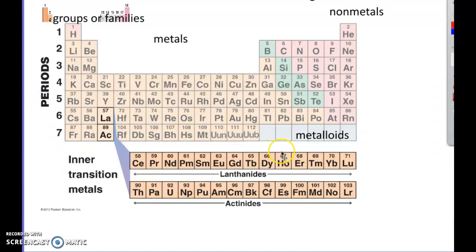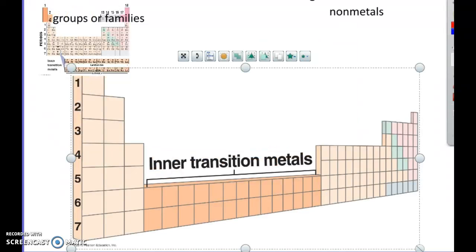All right, so notice, to be more properly, correctly drawn, this is what the periodic table would look like. These 2 rows down here at the bottom that we normally see up here would actually be inserted right here in the 6th and 7th period, and it would make it much longer. Why do they not usually draw a periodic table like that? It's very simple. Basically, it doesn't fit on a sheet of paper very well.